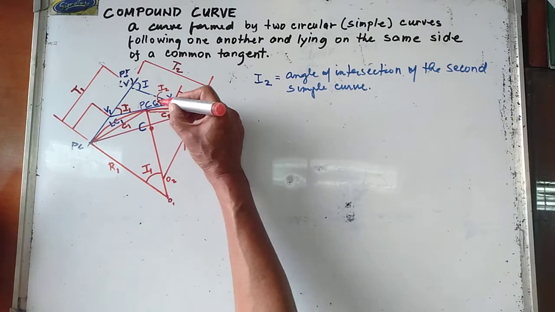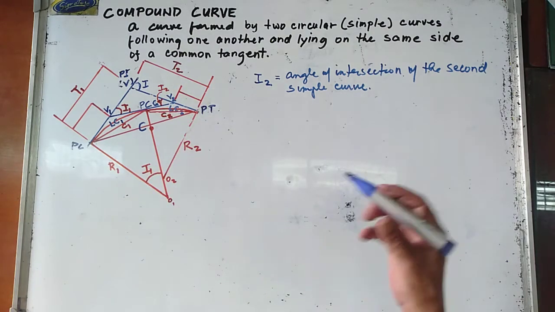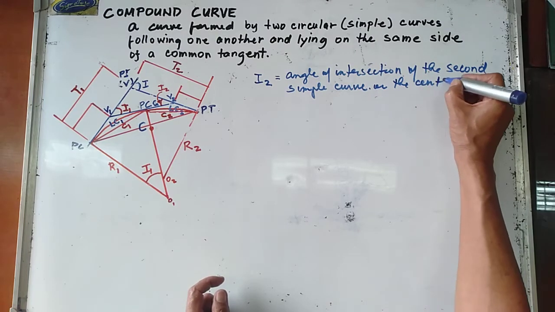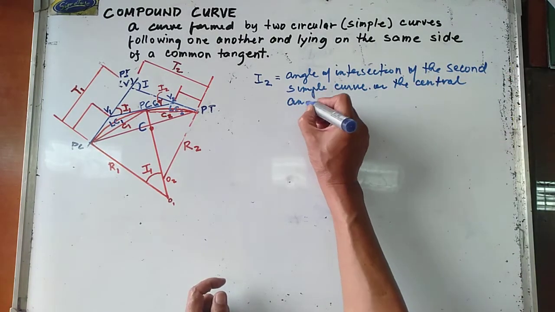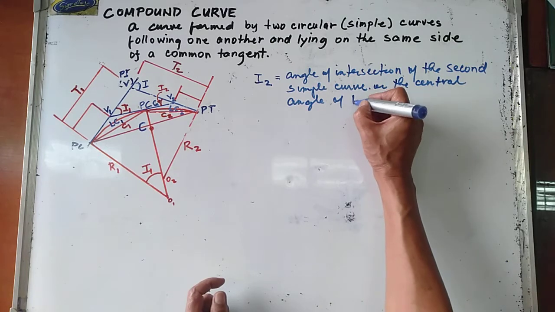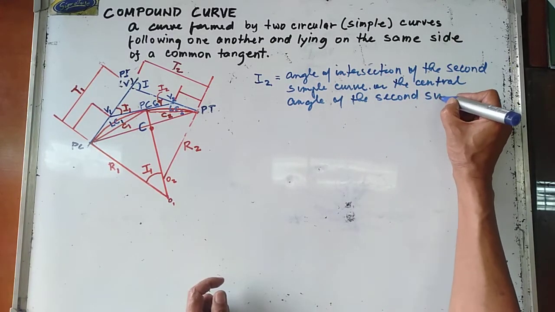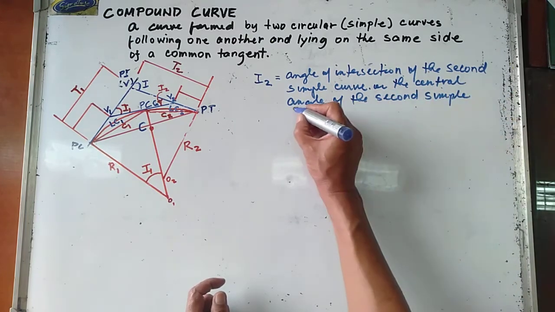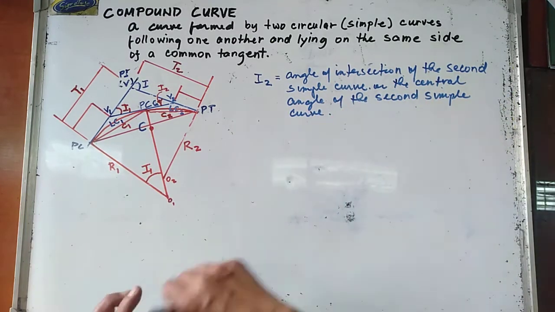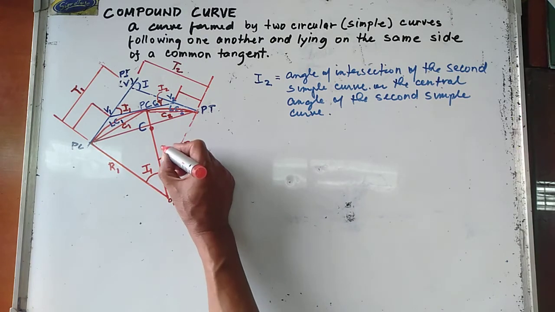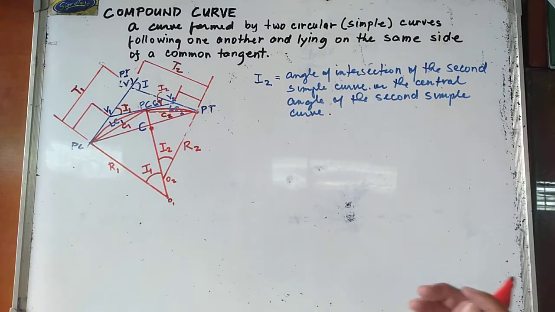Or this is the central angle of the second simple curve, which is now your I2.